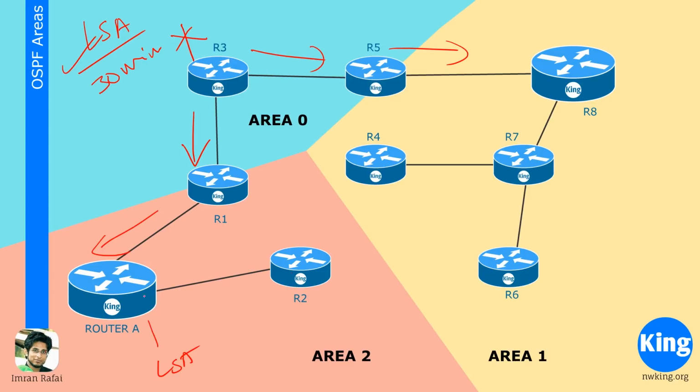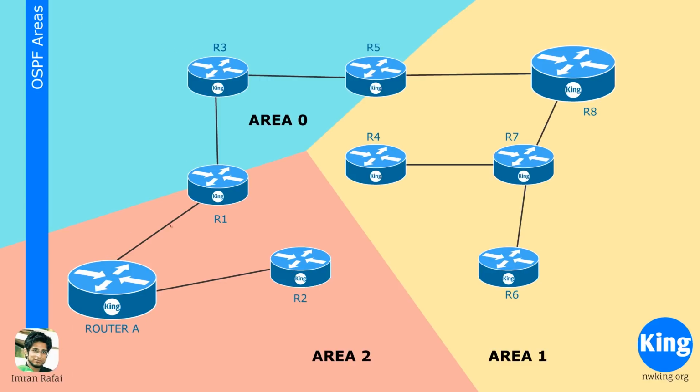One way to solve this problem, or rather the way to solve the problem, is by dividing your network into areas. As an administrator, you have to plan your OSPF network diagram, the way you connect your network, such that area 0 is your main area, right?